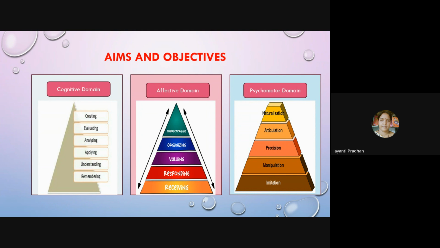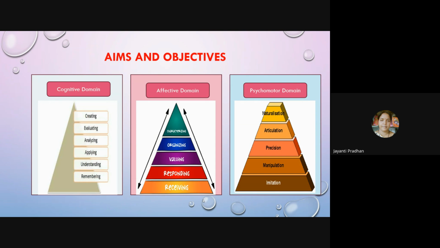These three domains, we have to formulate objectives for a particular content in these three by using the behavior or action verbs of these three domains. The cognitive domain has 6 levels. Affective domain as per Bloom's taxonomy has 5 levels, and psychomotor domain has 5 levels.